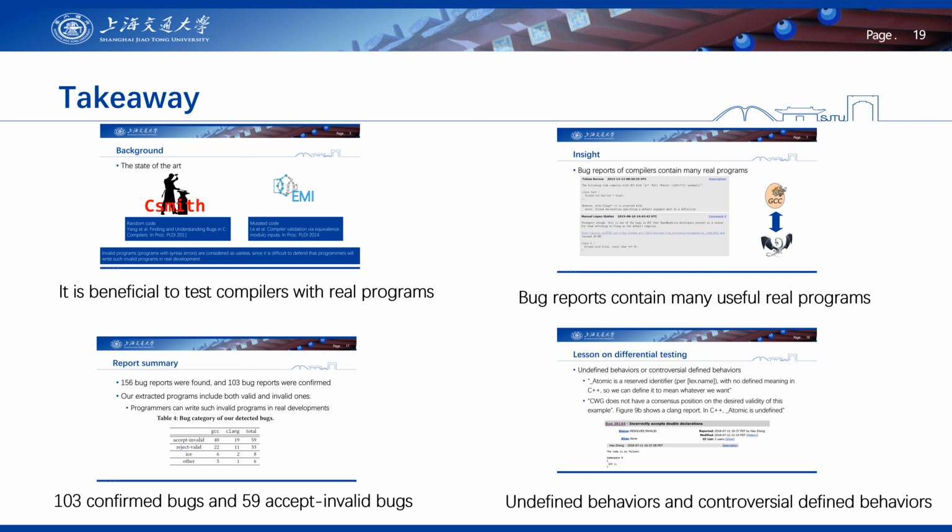In this study, we identify that bug reports can contain many useful programs for compiler testing. Following our idea, we found more than 100 bugs in the latest versions of GCC and Clang. We also identified the limitation of differential testing, since some behaviors are undefined or controversial.